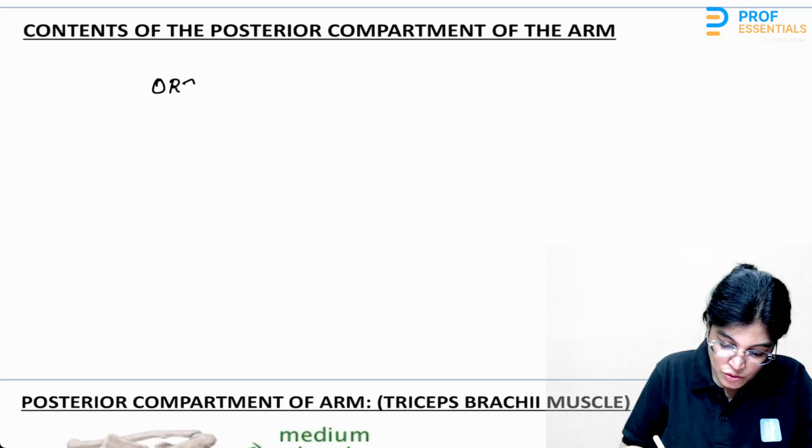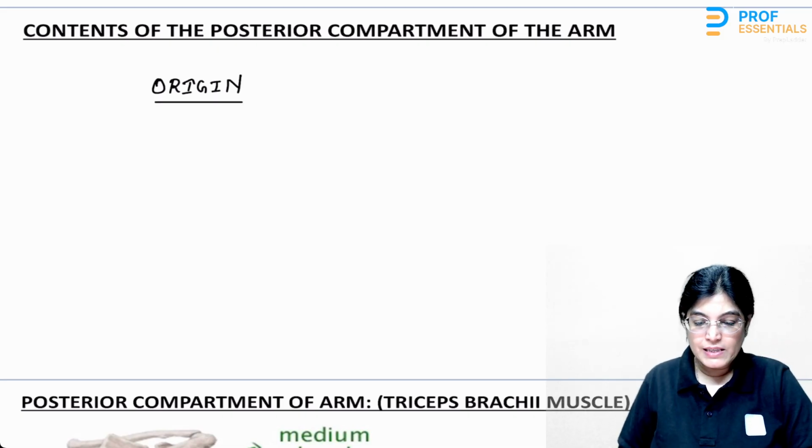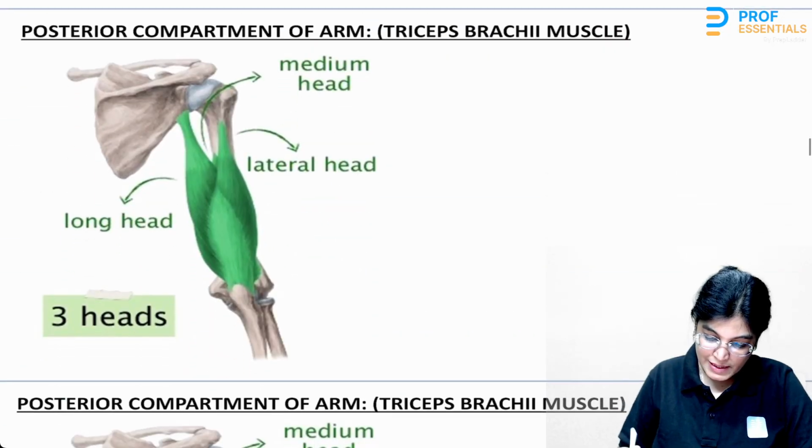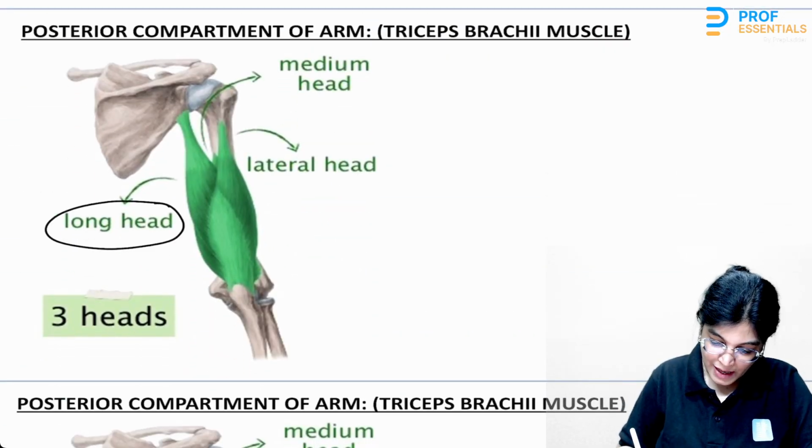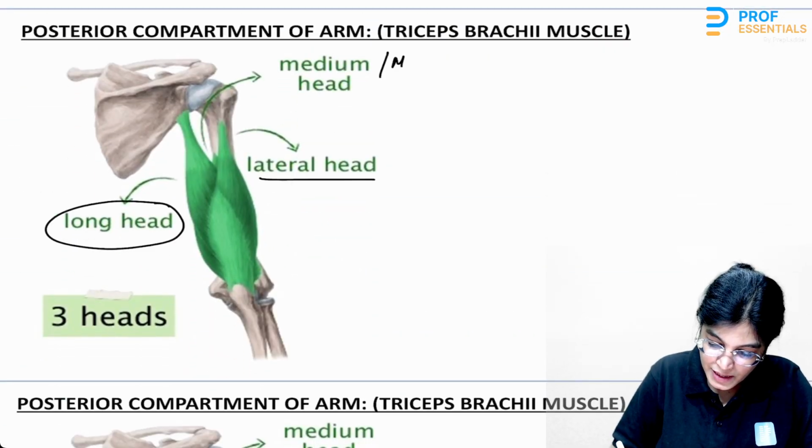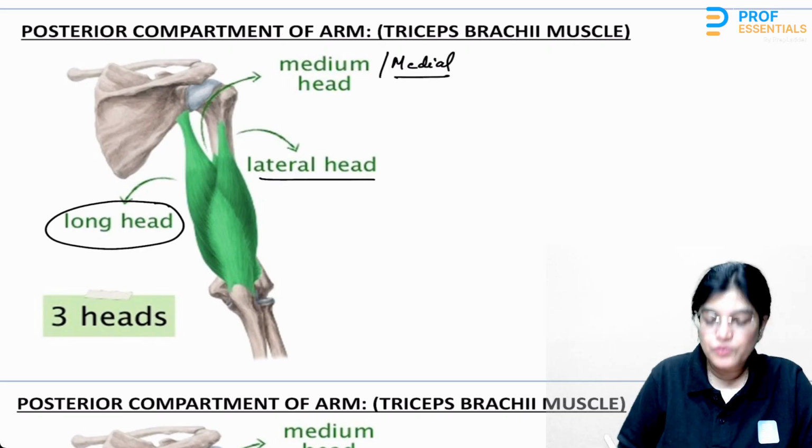So first thing is to know about origin. Let's see the muscle. It has a long head, a lateral head and a medial head. Three heads are there.